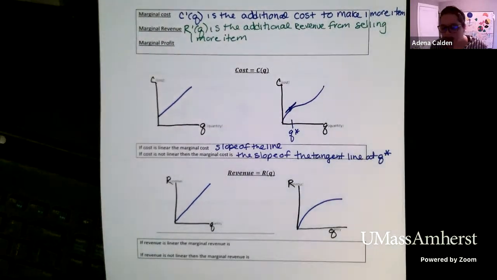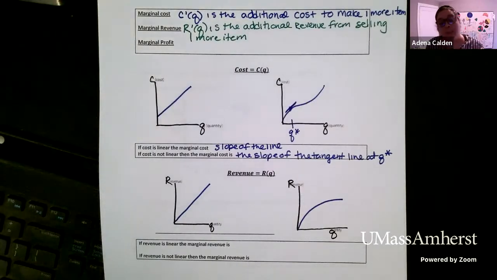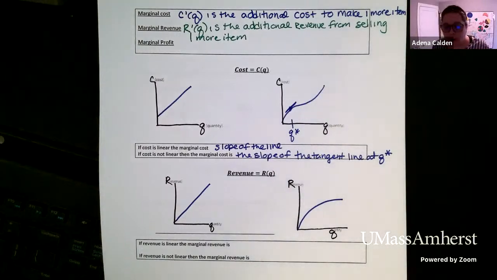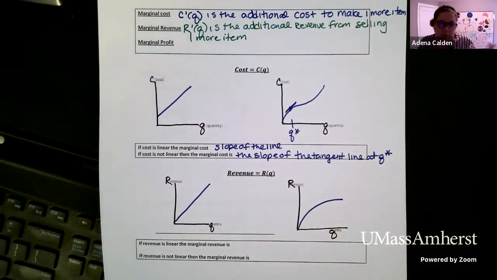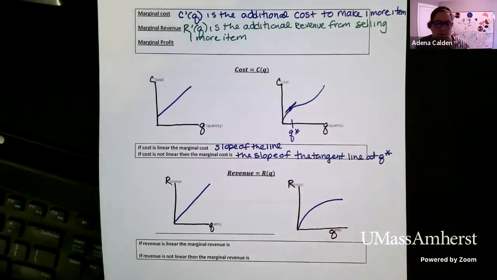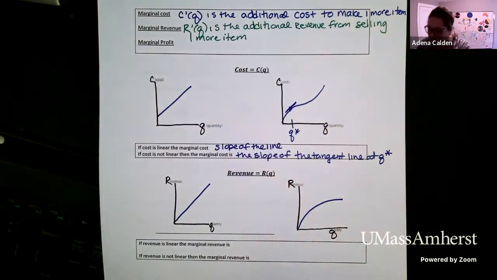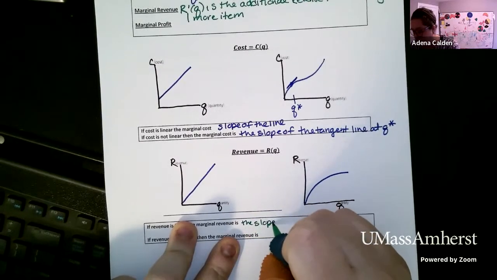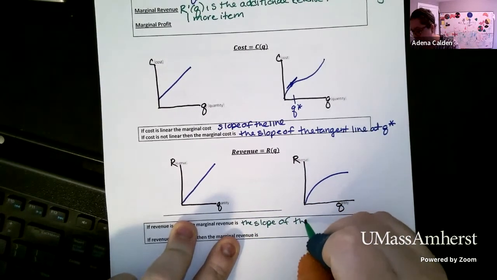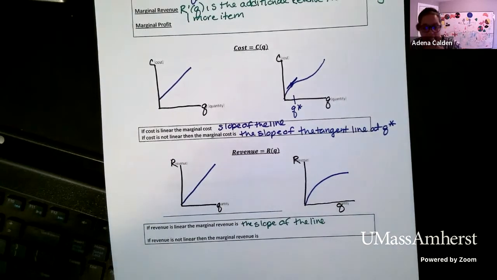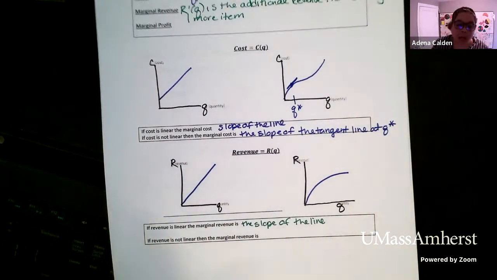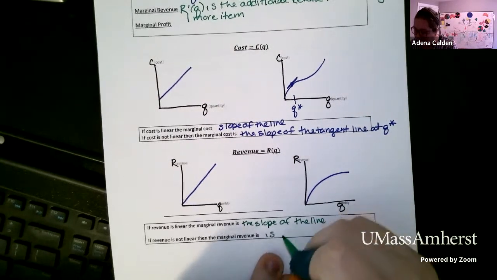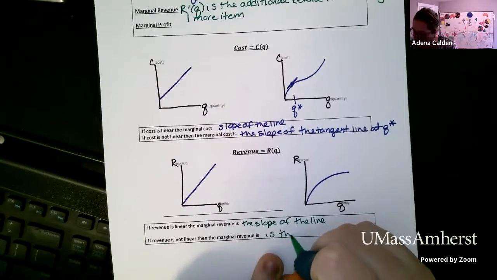So when we sell it, we were talking about price times quantity in a linear scenario. And so if we sold one more and we were charging $10, we get another 10 bucks, right? So if revenue is linear, then the marginal revenue was just the slope of the line. Right? However, if revenue is not linear, then the marginal revenue is the slope of the tangent line at the point that we're considering.